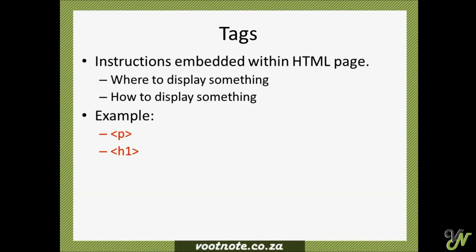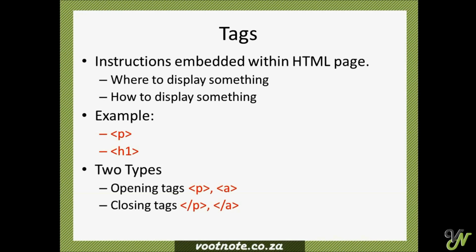The p tag is just to tell the browser that we are about to display a paragraph. Another example is the h1 tag, which is a heading tag. We use that to indicate that this is a heading, one being the biggest heading or the most important heading in the page.